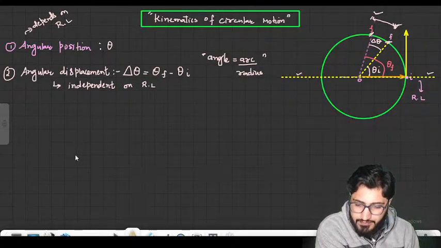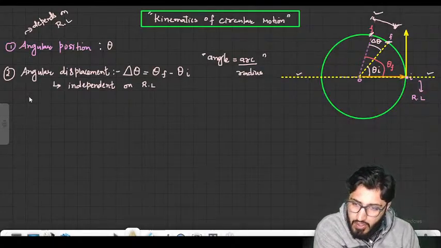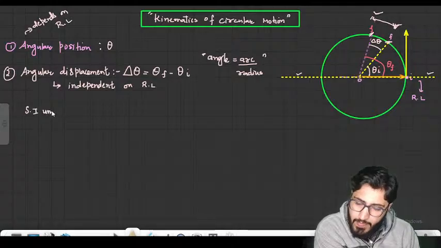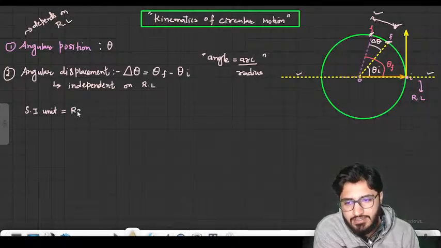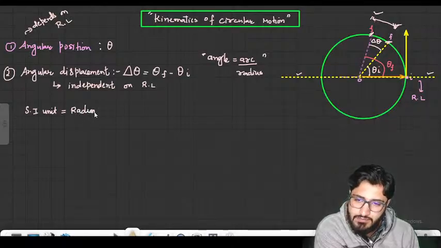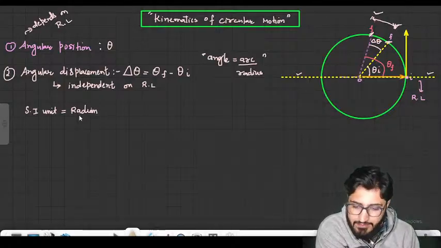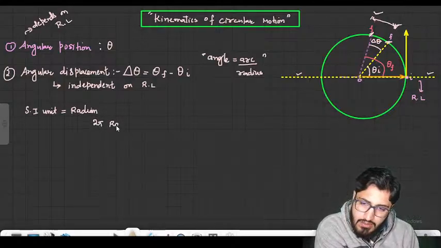Then, if we talk about its SI unit, it is the same as the angle, that is radian. So you can write 2 pi radian.